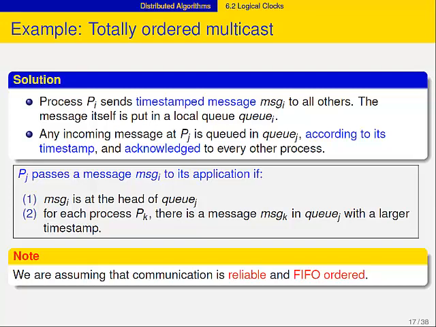So we can revert this. Why can I not send a message to my database when it's already at the head of the queue, and I just ignore condition number 2?